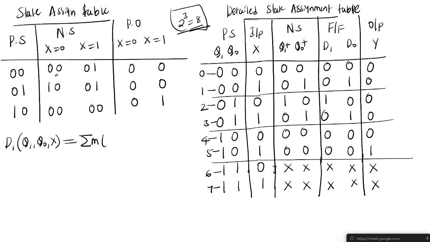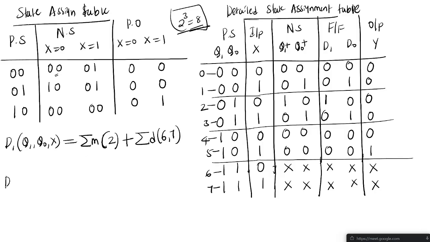Tell me the midterms. D1 equal to 2, plus don't cares of 6 comma 7. Okay.